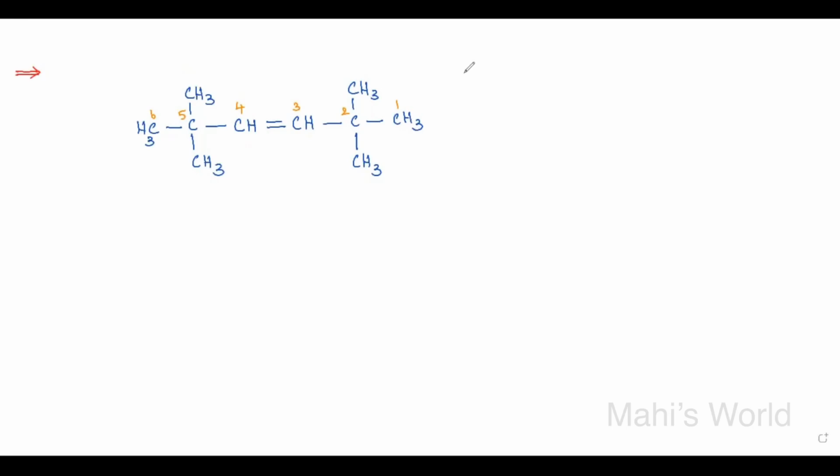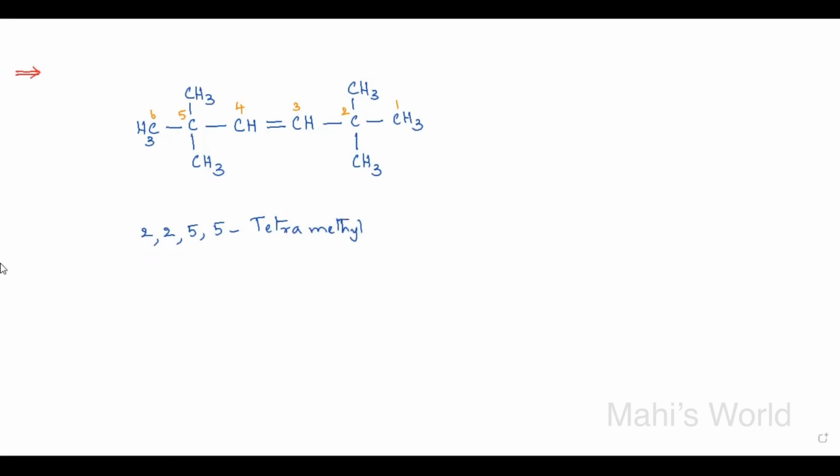Now, how to write the name of this? Let us first write 2,2,5,5. We got 4 methyl groups, 2 at the 2nd, 2 at the 5th. So that is why I've written 2,2,5,5. Because we got 4 methyl groups, it has to be 2,2,5,5-tetramethyl.